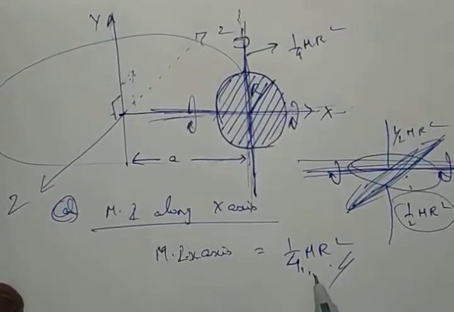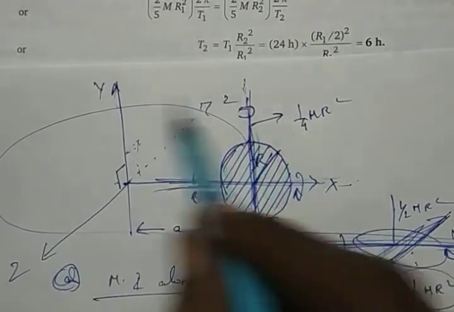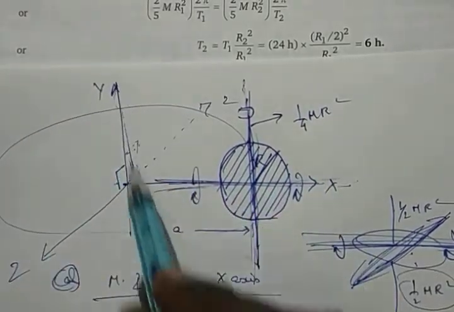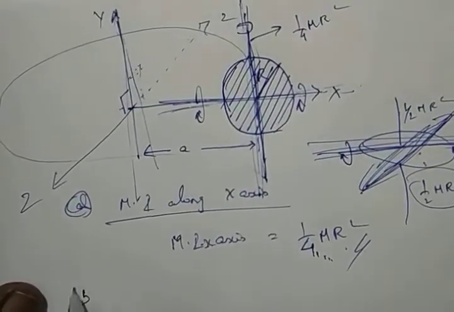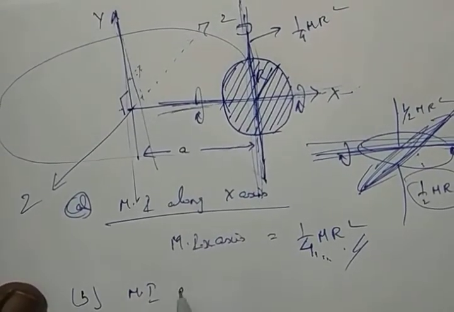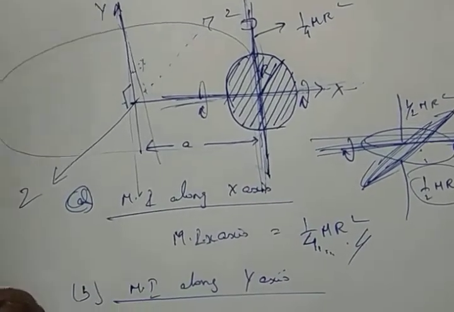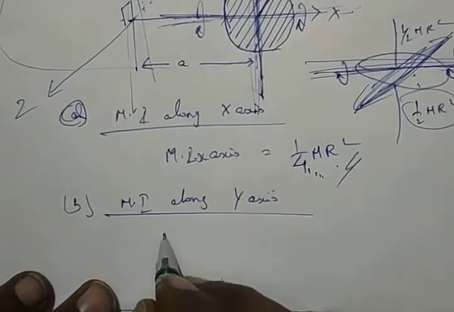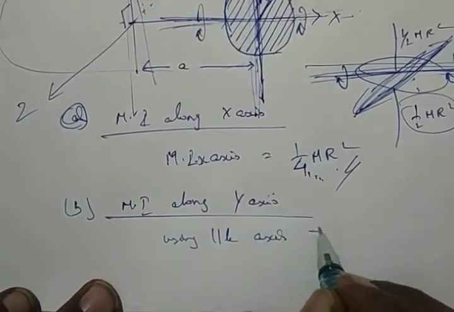So when it goes along the same direction like this, it becomes the parallel axis theorem. B part of it, moment of inertia along the y-axis, using the parallel axis theorem.